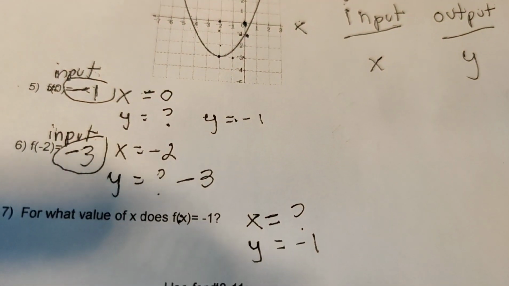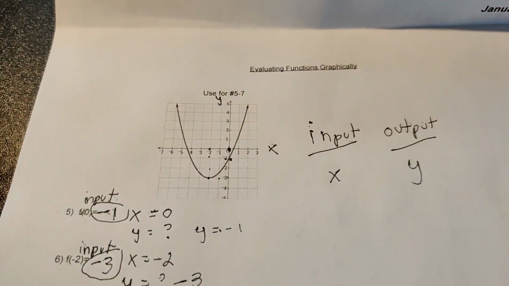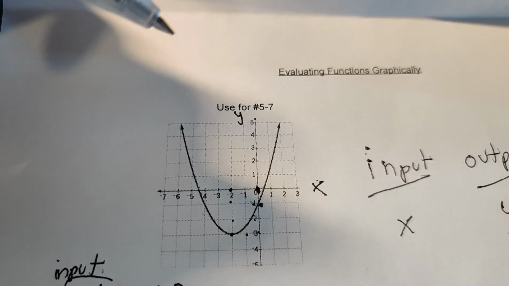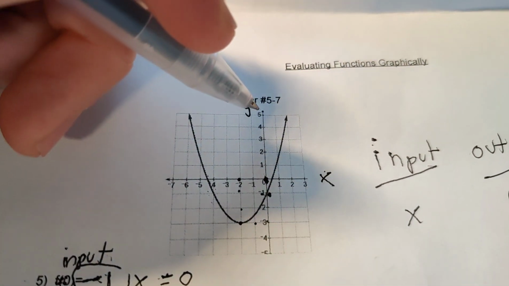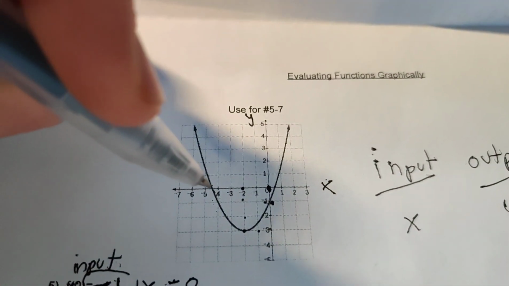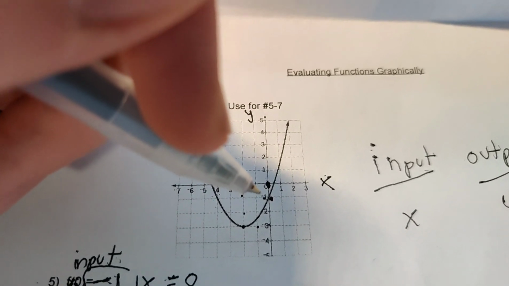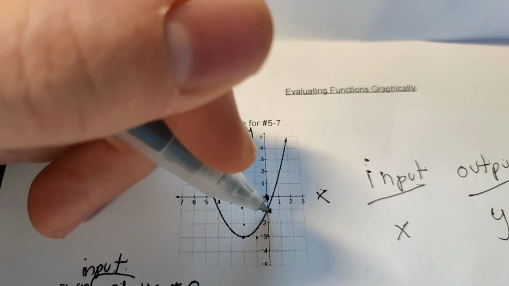So we're going to take the information we know, the -1 for the y, and we're going to look that up on the graph. Okay, so since we're working with y, we're going to start on the y-axis, okay? So we're going to use the vertical axis, not the horizontal axis, and go to the spot on the y-axis where the value is -1. And that's going to be right there, okay?